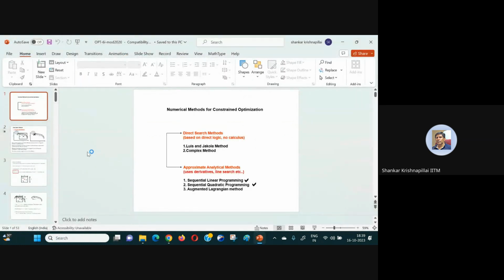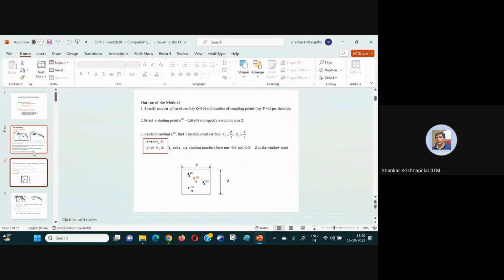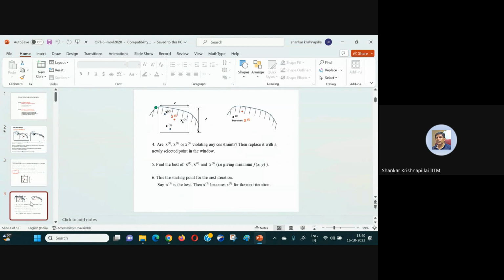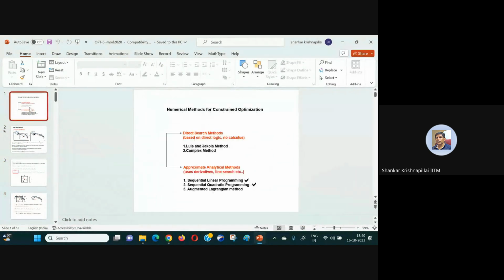Okay, next topic is numerical methods for constraint optimization. Okay. So this will take some time. I think this we can start tomorrow. Okay, because this topic is totally different from what we studied. Okay, we can start tomorrow this topic. Okay, so we can stop this class now.